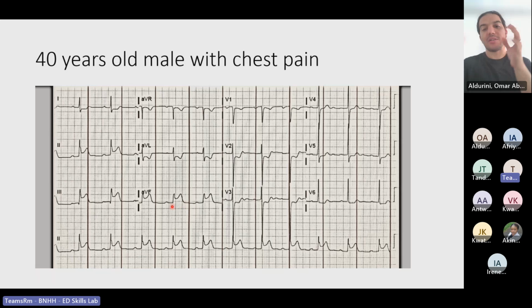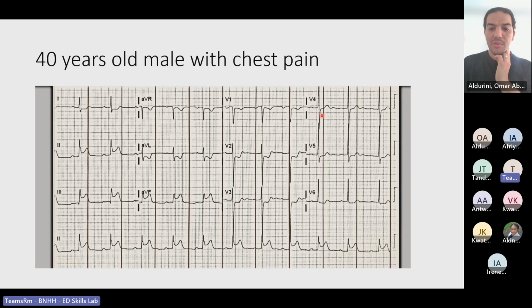So again, if we can review the heart area by area, let's start with the lateral area. So lead 1 and lead AVL, ST segment depression. The inferior wall has ST segment elevation. Okay, right side of the heart has some sort of ST segment depression.